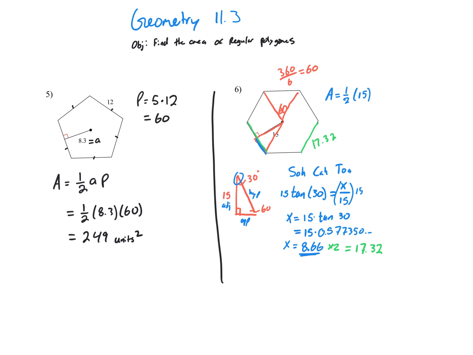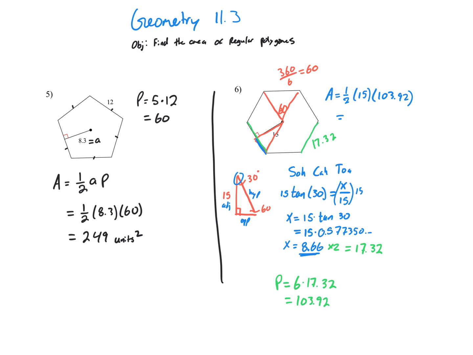Now I can go back to finding my perimeter. My perimeter is going to be 6 times 17.32, times 6 on my calculator, which is equal to 103.92. And now I can plug that in right up here. 103.92.